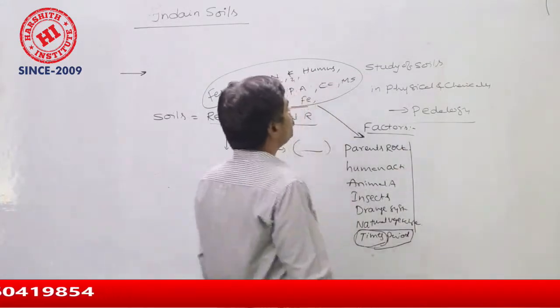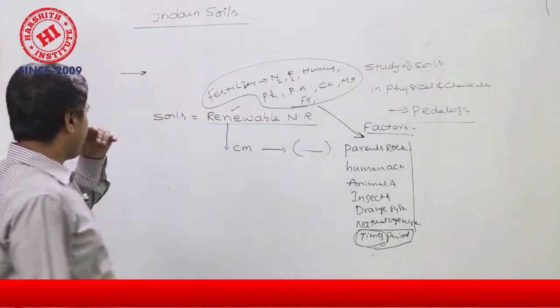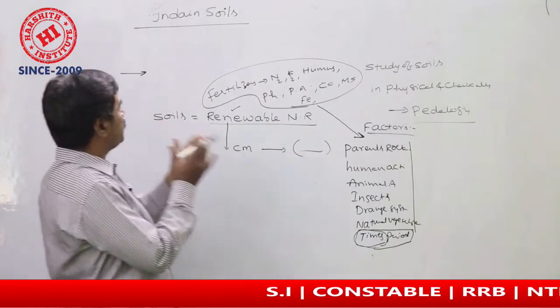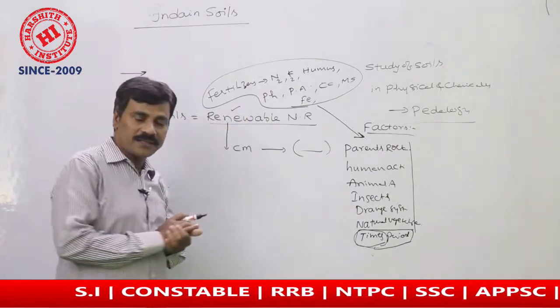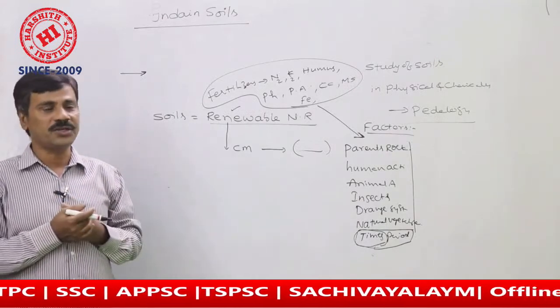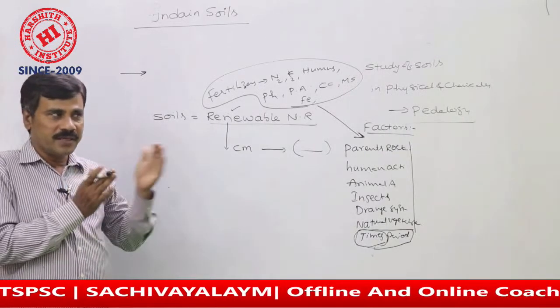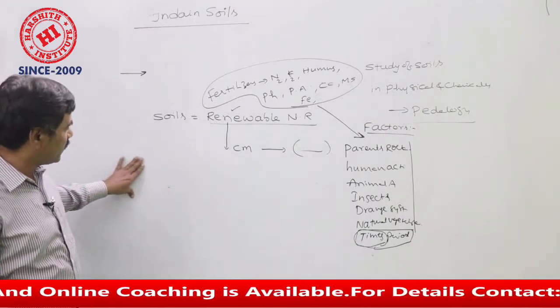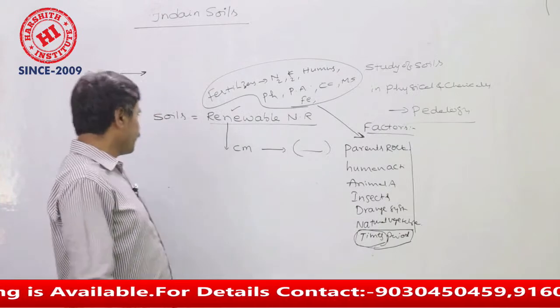So generally, soil fertility depends mostly on temperature and also rainfall. These both are very essential, and they follow natural soil fertility.